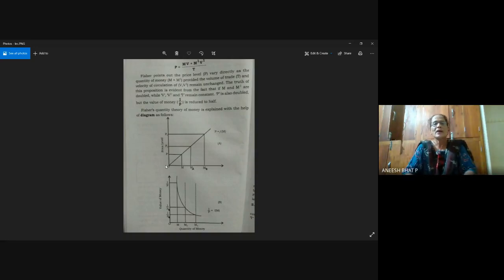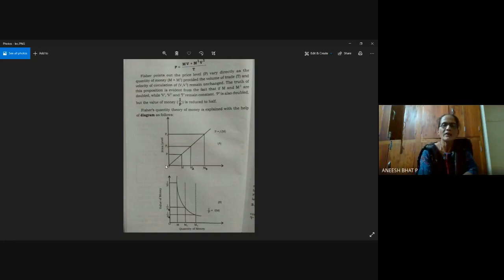Now, Fisher's equation of exchange can be explained with the help of a diagram. You can observe there is one diagram to explain Fisher's quantity theory.